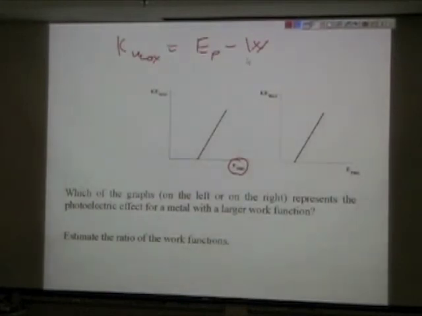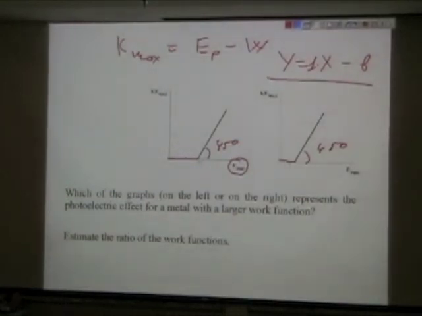This equation mathematically equals this simple linear equation. That's it. The slope of this function equals what? 1. So this angle is supposed to be 45 degrees. This distance depends on the work function.